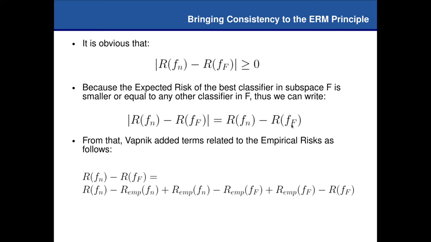So, of course, it doesn't matter this absolute value. Why can I represent it like this? Simply because my expected risk for any function inside my bias is always going to be greater than the expected risk for the best function inside my bias.